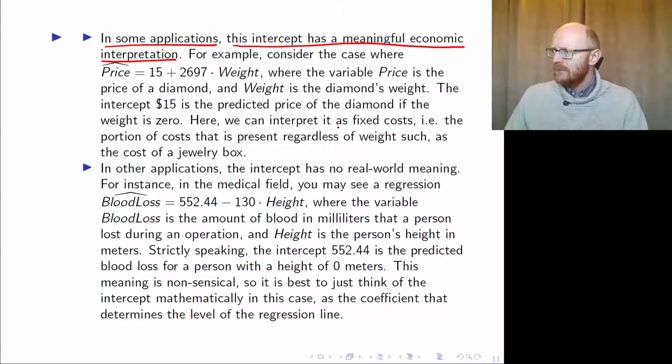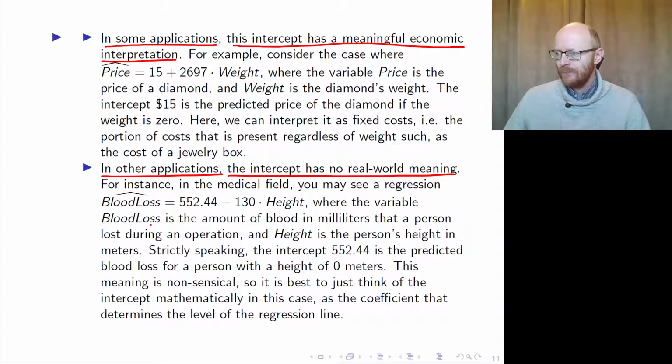So we can interpret it as the fixed cost of the diamond, for example the portion of costs which do not depend on the weight but are incurred for all diamonds, like the cost of a jewelry box, or the cost of just selling the diamond. And in other applications, the intercept has no real world meaning.